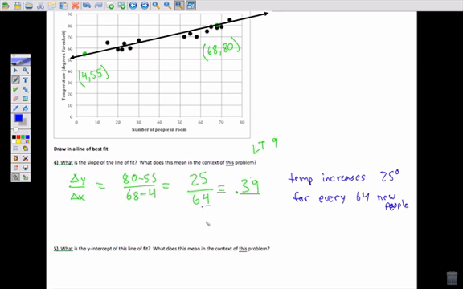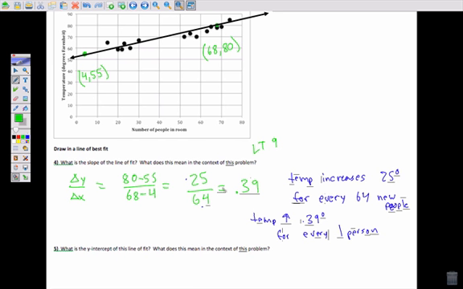Every time 64 people walk into the room, the temperature increases by 25 degrees. That's one way you can look at it. Or if you're looking at this decimal, you can say the temp increases 0.39 degrees for every one person that enters the room. Those are equivalent sayings. Those are essentially saying the same exact thing.